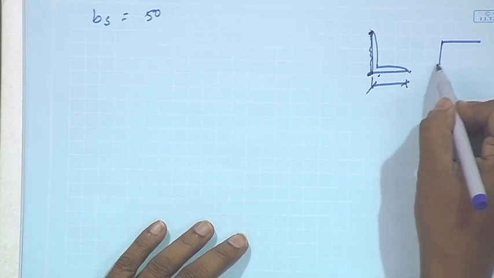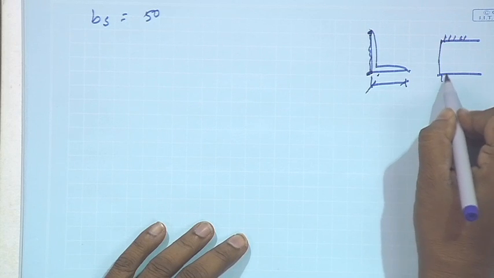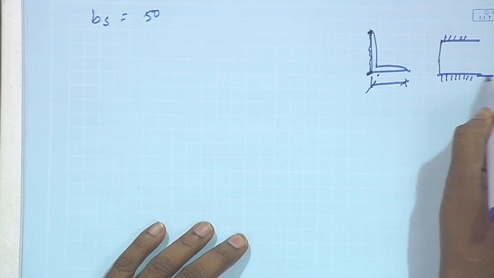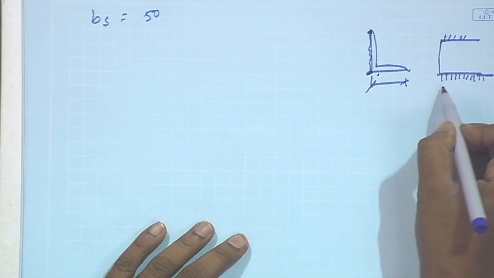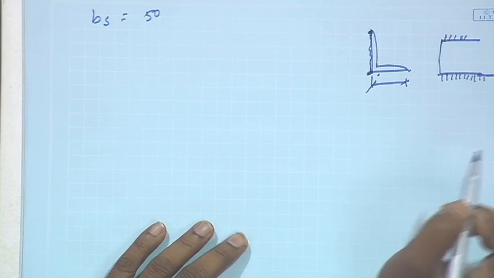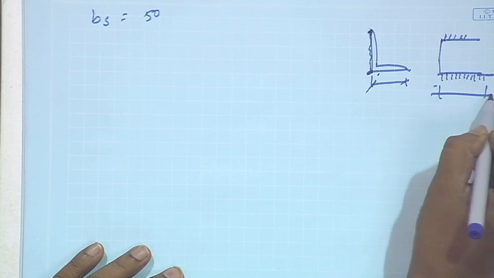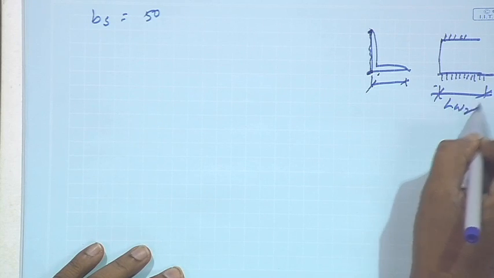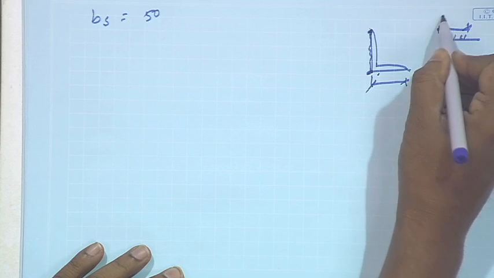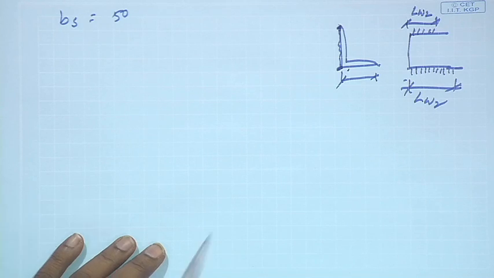We do not know the distribution means, if we see in this direction, certain amount of length will be in this, and certain amount of length will be on the upper side, right. So, we do not know what is the LW1 and LW2. If I consider this is LW2, we do not know what is the LW1 and LW2, right.